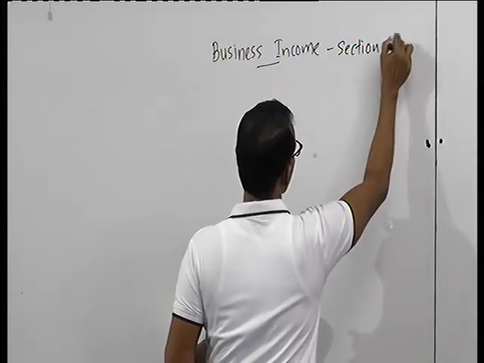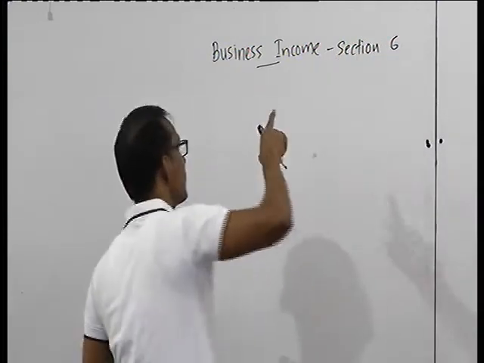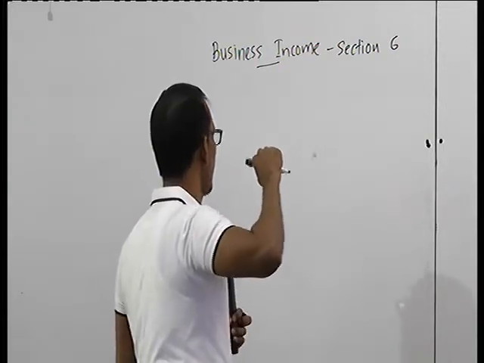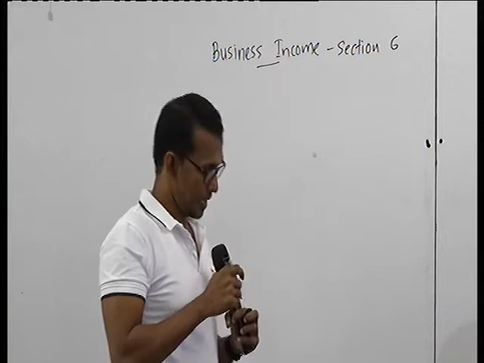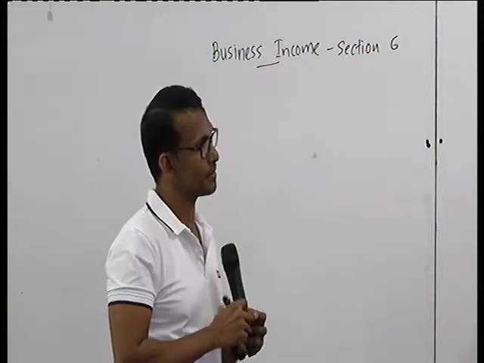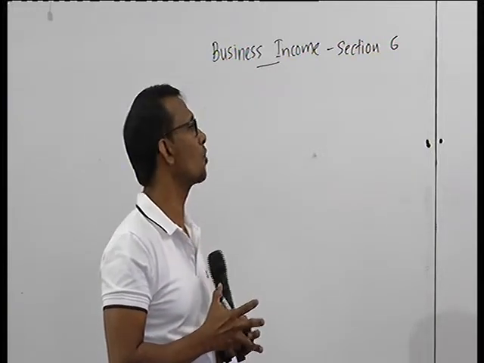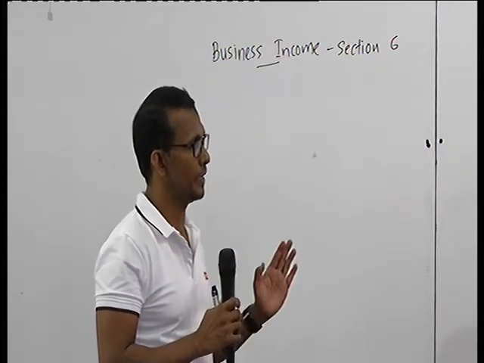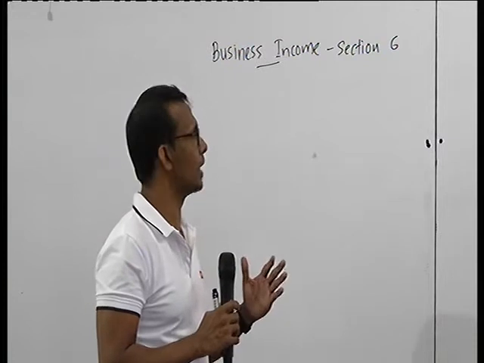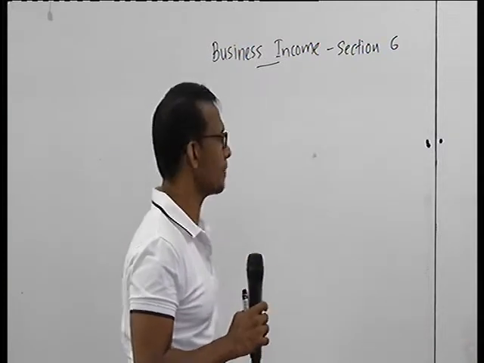Section 6 of the Inland Revenue Act, in explaining business income, states what are the things to be included as part of the business income and what are the things that should be excluded in the computation of business income.